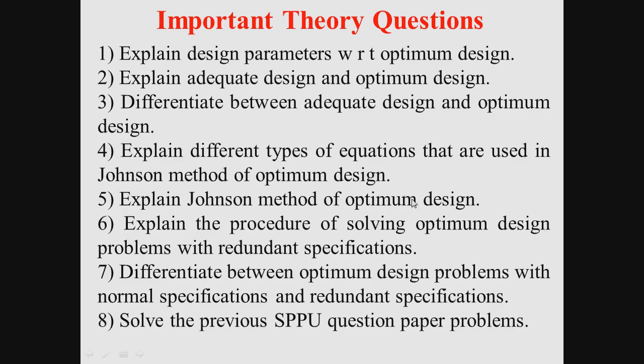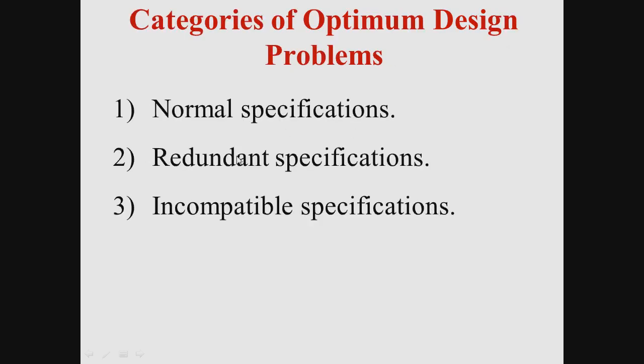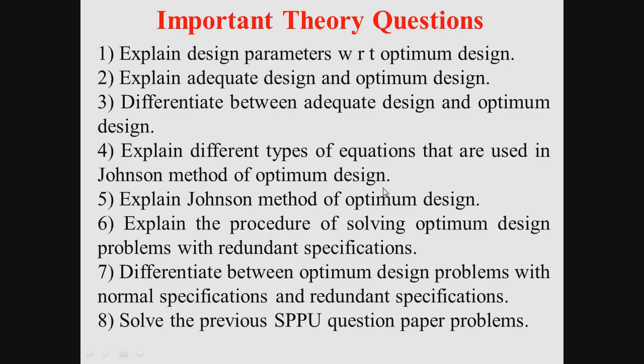Next, explain Johnson method of optimum design. Here you need to explain Johnson method for normal specifications and Johnson method for redundant specifications, and for both, how to use the method to solve optimum design problems. Next, explain the procedure of solving the optimum design problem with redundant specifications.